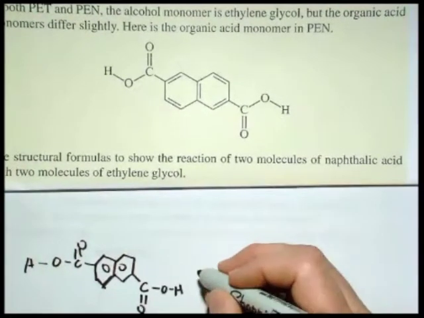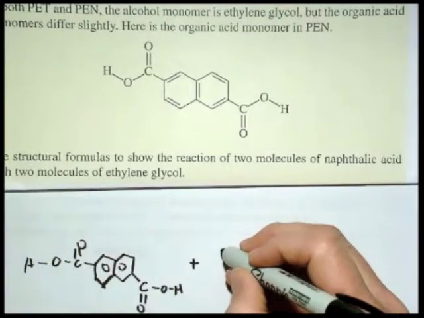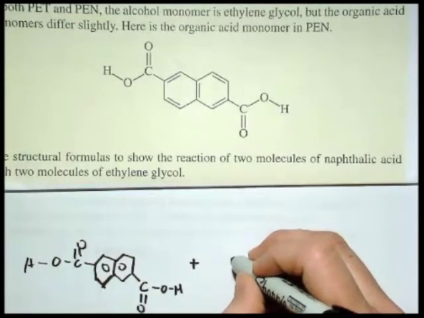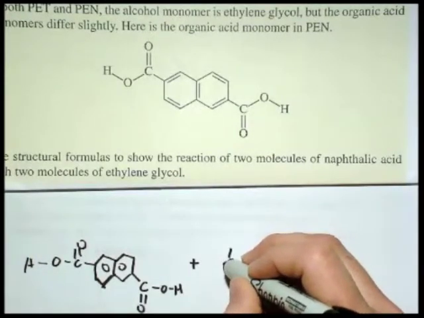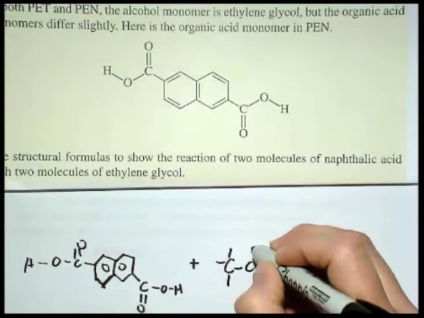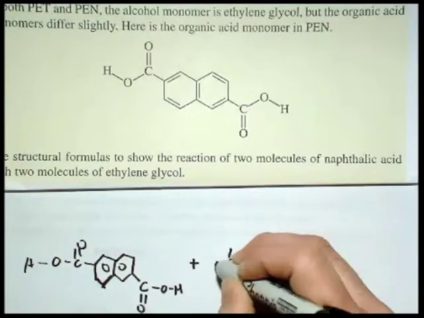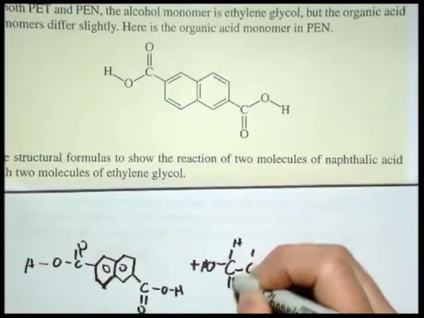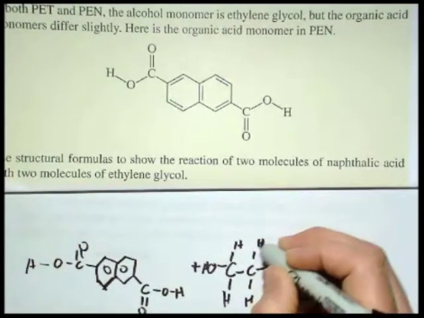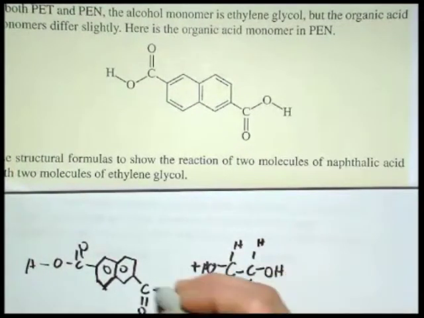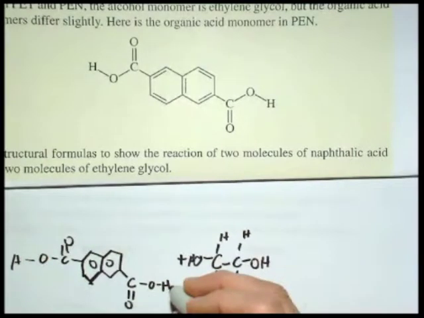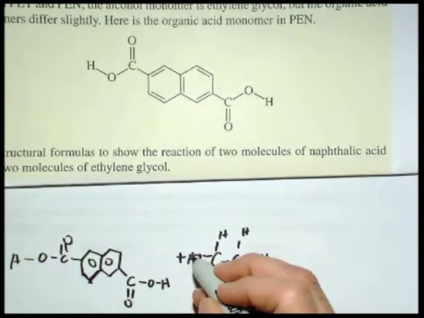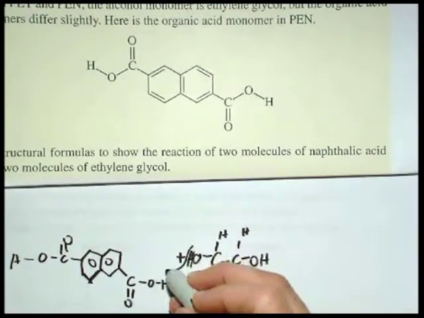There's one of them, plus the ethylene glycol is OH, and then H is here. So you see there's two functional groups on this molecule and two functional groups on this. So the first reaction is going to be between the hydrogen and the OH here.